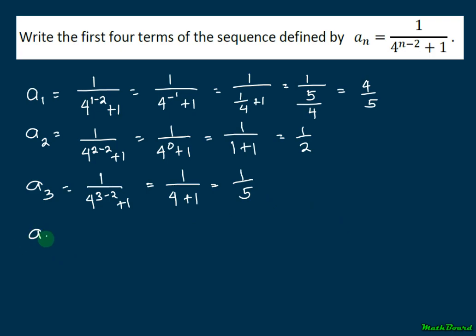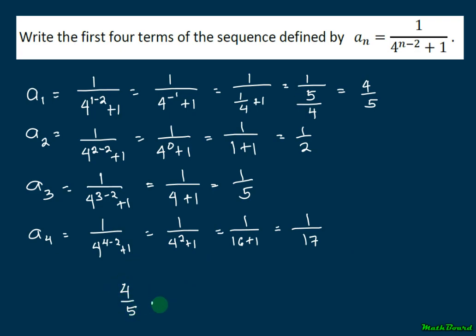And lastly, the fourth term is 1 all over 4 raised to 4 minus 2 plus 1, which is equal to 1 over 4 raised to 2 plus 1, and that is 1 over 16 plus 1, and finally that is 1 over 17. So therefore, the first four terms of the sequence are 4/5, 1/2, 1/5, and 1 over 17.